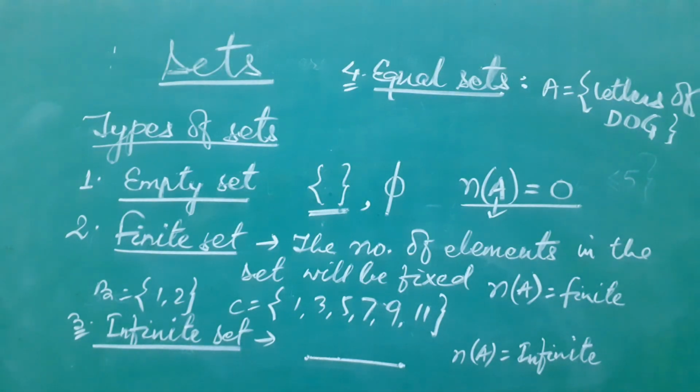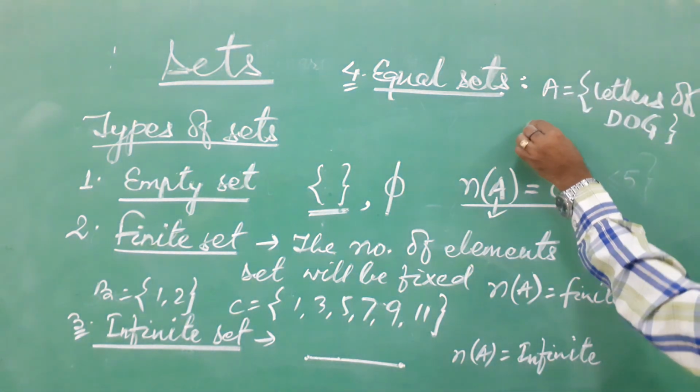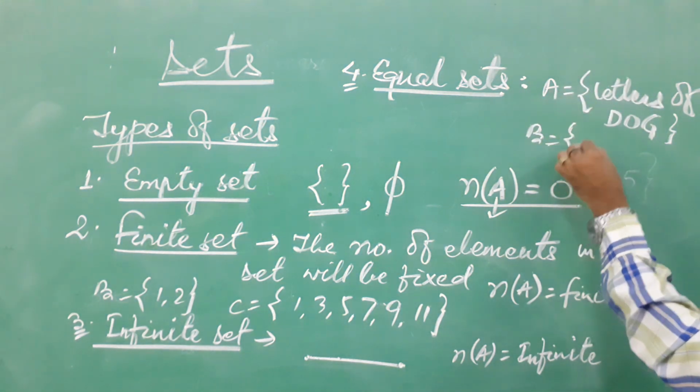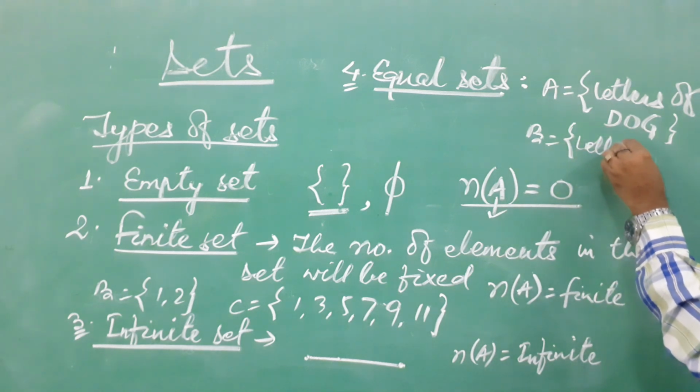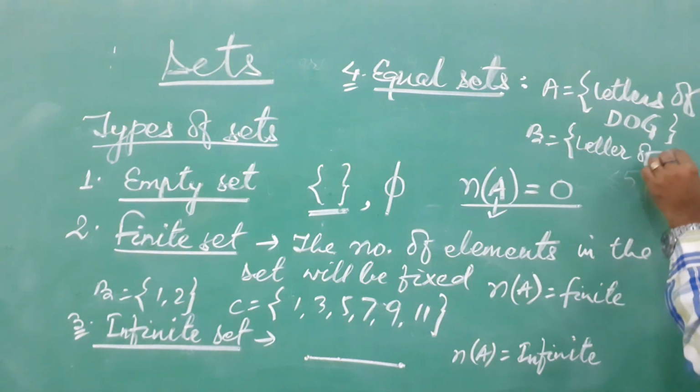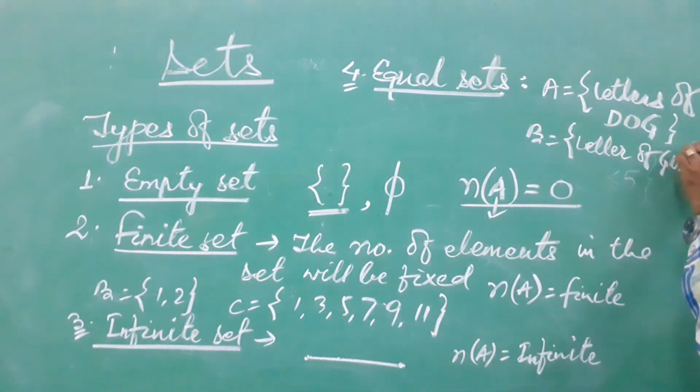D, comma, O, comma, G. And now letters of god, having the same, here also D, comma, O, comma, G. These are in set builder form.